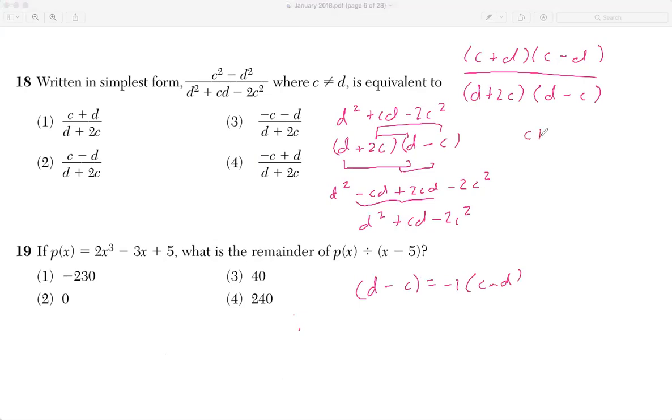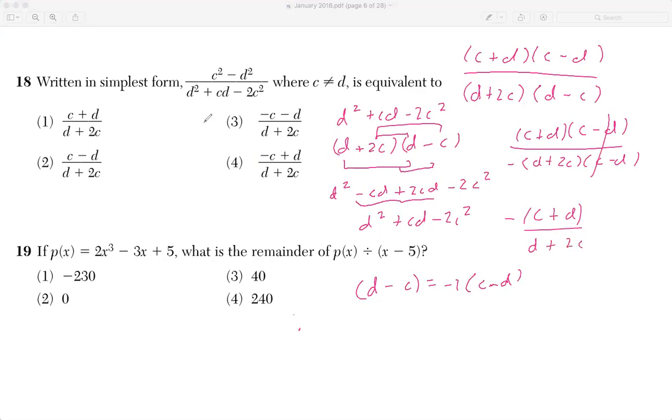So it's going to be C plus D, C minus D, all over, we'll factor out that negative 1, so negative D plus 2C, C minus D. Now we can cancel these, and we're left with minus C plus D over D plus 2C.